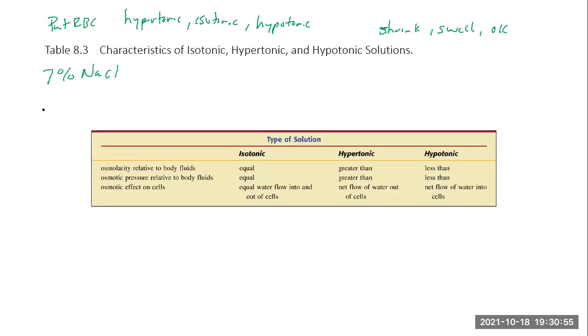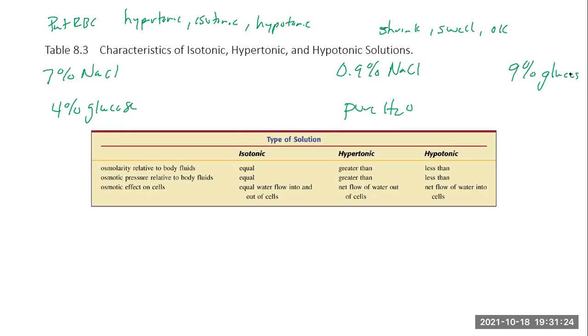Let's say we put the red blood cell in a 4% glucose solution. Let's say we put it into a 0.9% sodium chloride solution. Let's say we put it into pure water. And let's say we put it into a 9% glucose solution.